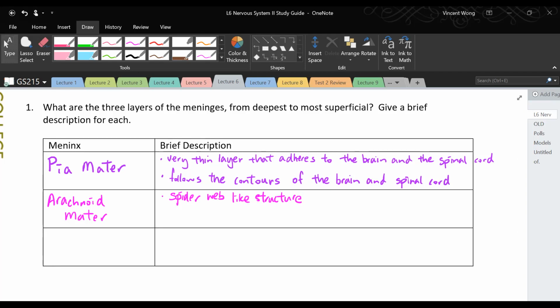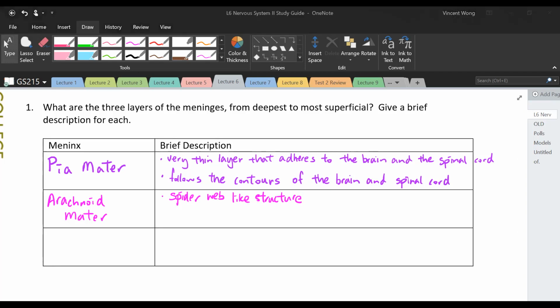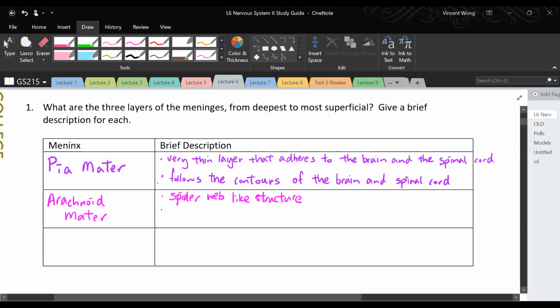And because it's a spider web-like structure, it's going to have a lot of space in this layer. So that space is going to be called the subarachnoid space. Okay, so the subarachnoid space is filled with cerebrospinal fluid. Okay.